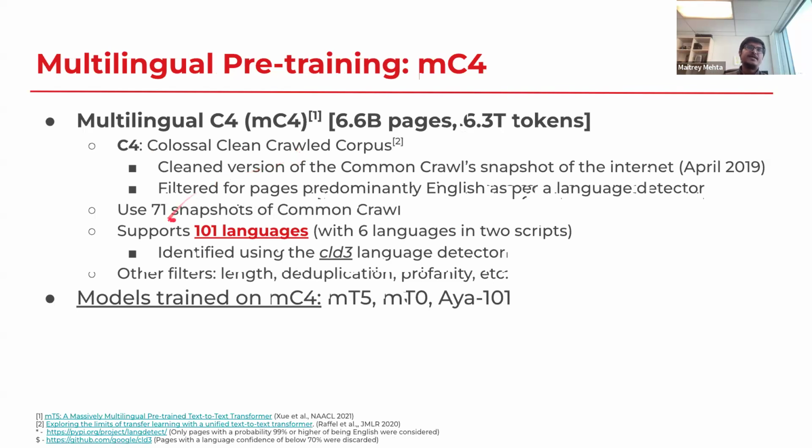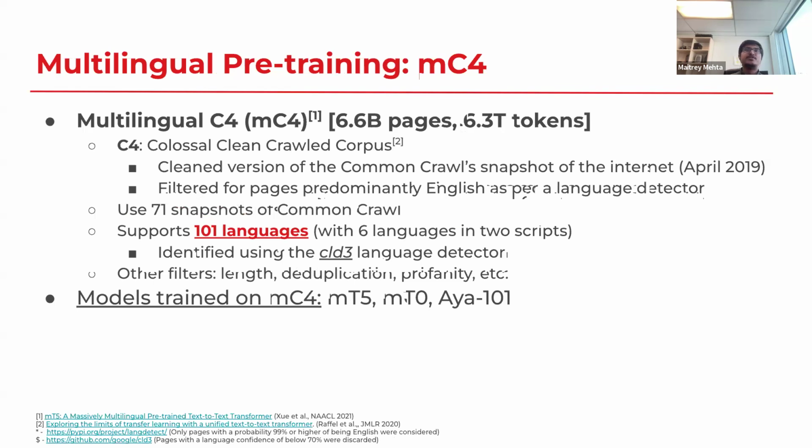Basically what it does is it takes snapshots of the internet at different points in time. And then it does some cleaning that removes noisy text and things like that. And basically that forms the pre-training corpus. So the MC4 that was released was mined on 71 snapshots of the Common Crawl, which was the internet.